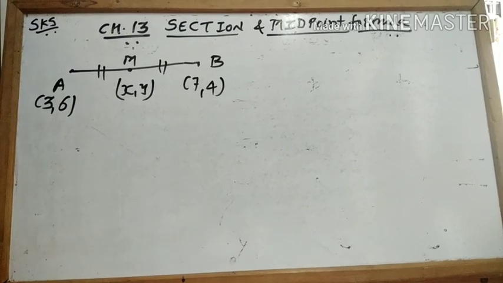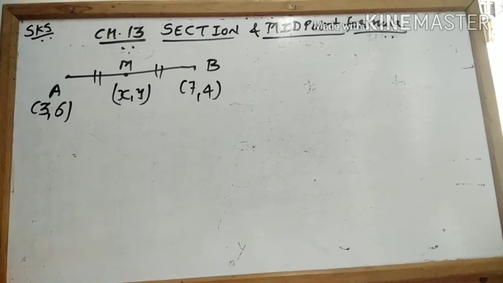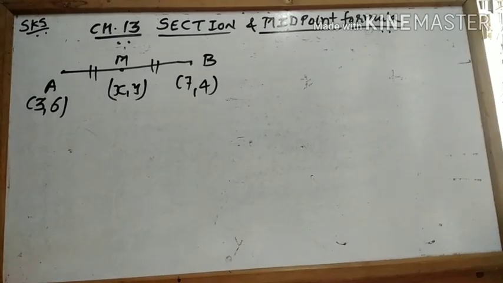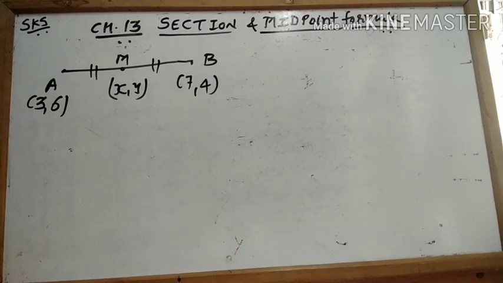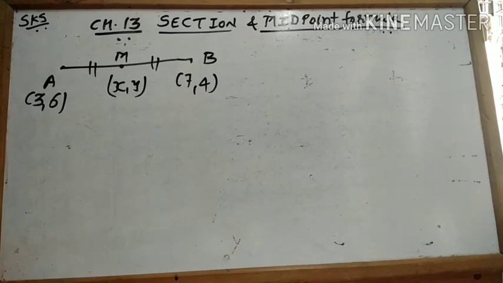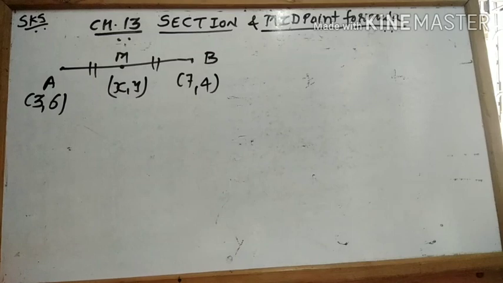Now, the question is, find the coordinates of the midpoint of segment AB. I'm repeating the question: find the coordinates of point M, which is the midpoint of segment AB. Now remember, it's pretty simple.